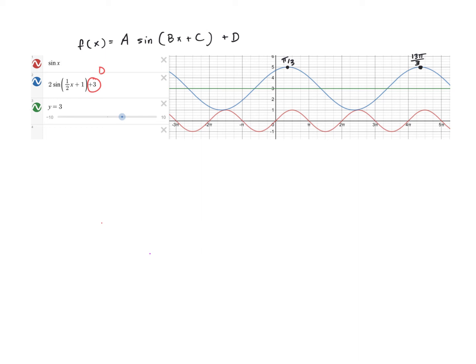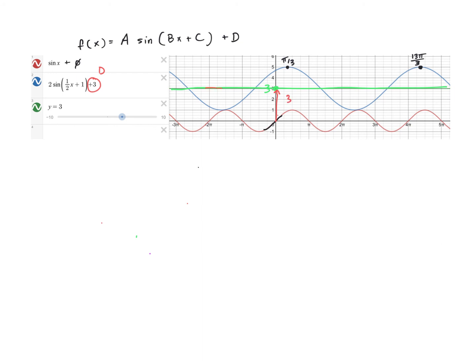So, and be careful, because sometimes a vertical shift just looks like, for instance, in this case, this parent function, our vertical shift is 0, so it crosses the 0 here. It's not your y-intercept. It's where your midline, your D essentially, is where your midline crosses the y-axis. Where is that? So if you see here, our midline of this graph here is actually +3. So it's up 3.